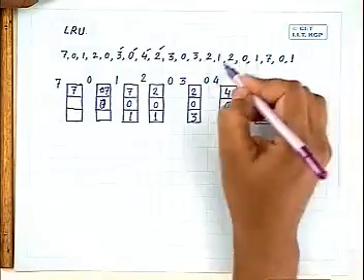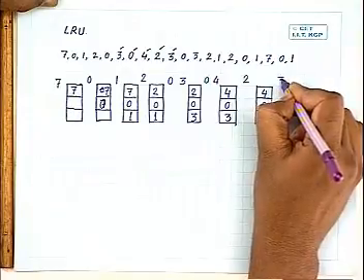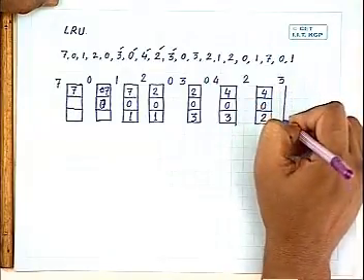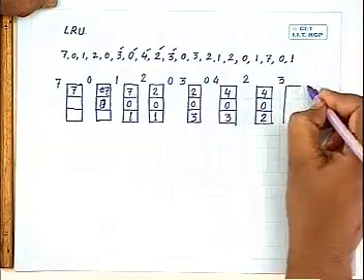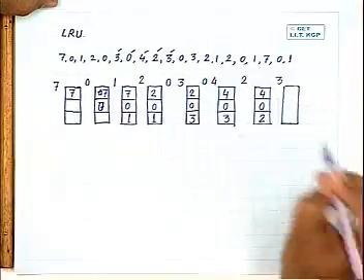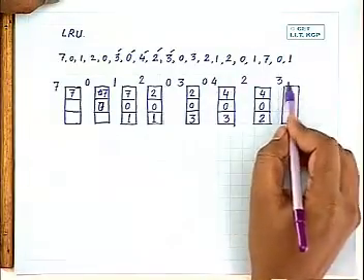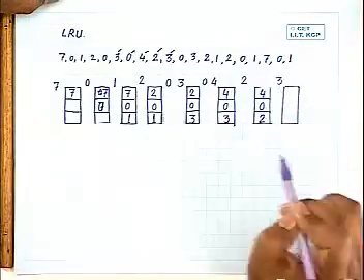Next time again 3 is referred, but unfortunately 3 has been replaced just now, because so far page number 3 was the least recently used page. So now again I have to find out which one is least recent.